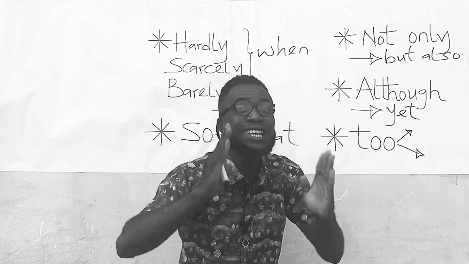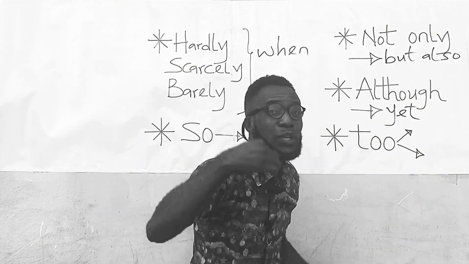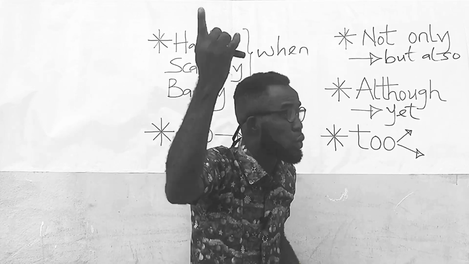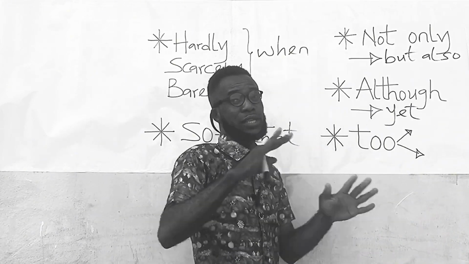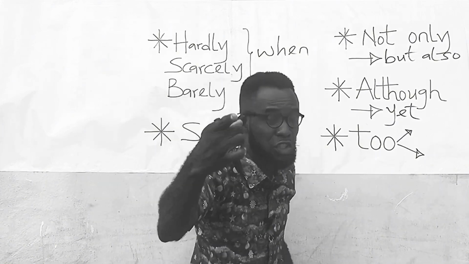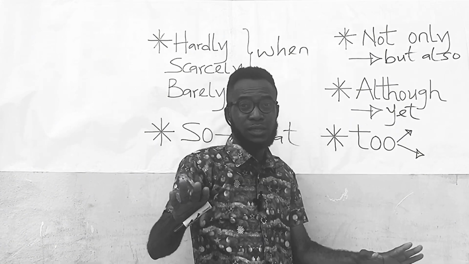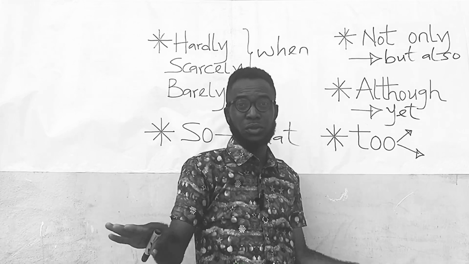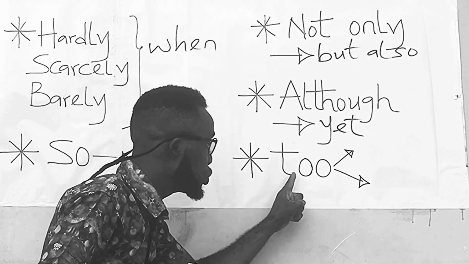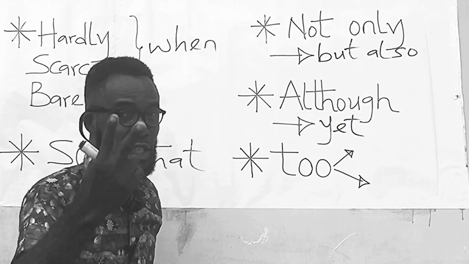Also, if an English question contains the word yet, then the gap in the question should be filled with the word although. For example, although she prepared hard for the examination, yet she failed in it. I believe that is very much understood. Lastly, the word too, spelled as TOO, collocates with two things.